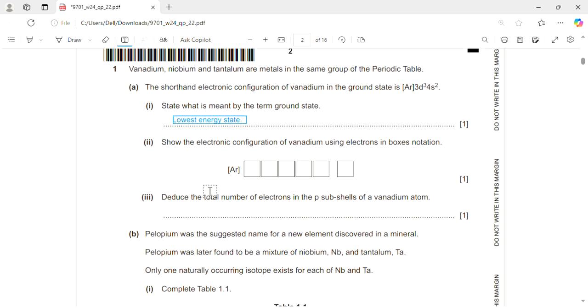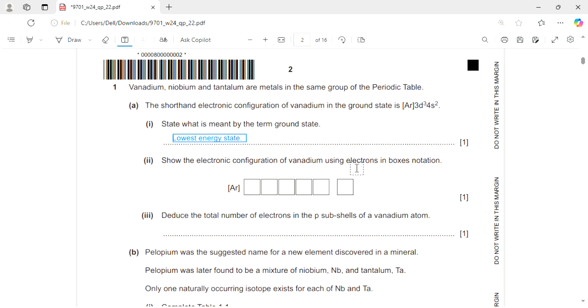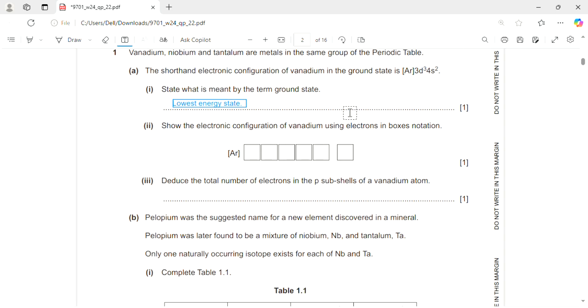Another part of this question is to show the electronic configuration of vanadium using electrons in the boxes. The shorter electronic configuration of vanadium in the ground state is [Ar] 3d3 4s2.